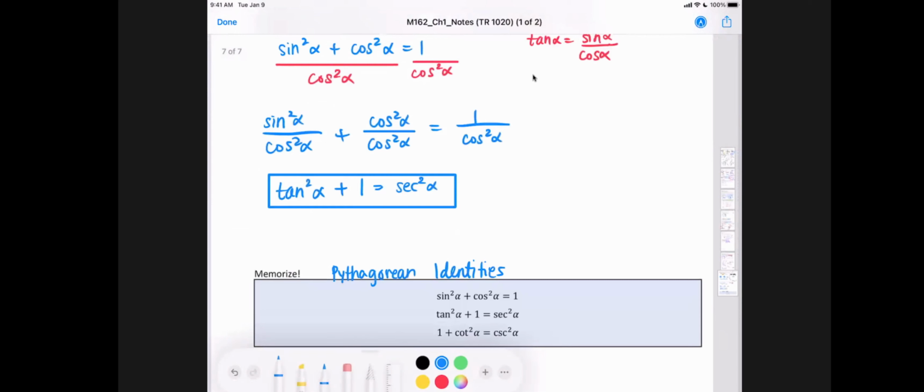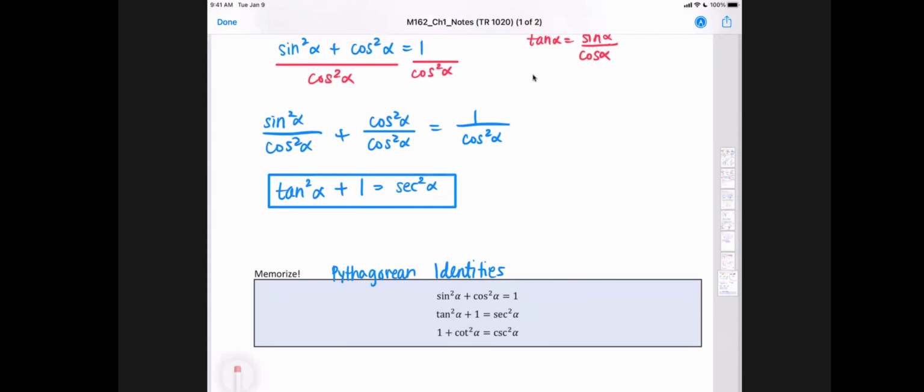In all three forms. And these come up so often, in this class and all your future math classes, you're going to see Pythagorean identities. And so they do have to be memorized. And the thing is, see how these two that we just derived stemmed from the original one, sine square plus cosine square is equal to 1.